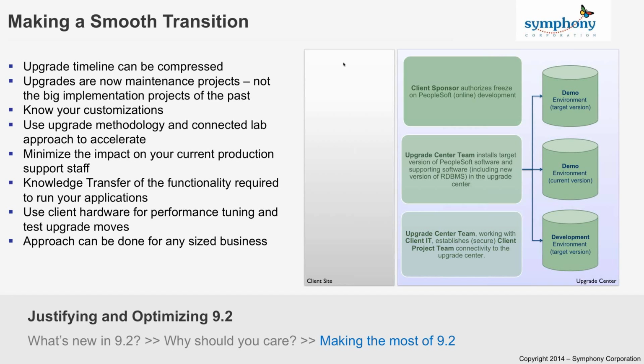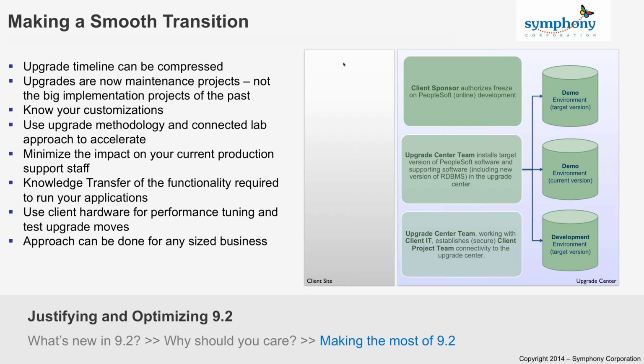So in the past, and even back to doing your 9.0 or 9.1 upgrades, these got to be longer drawn-out projects because of all the effort required around doing that first pass of the upgrade and making sure your servers were set up properly and making sure that you had all the patches in place and you had everything running.